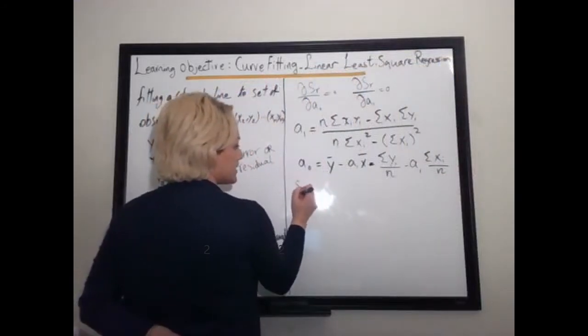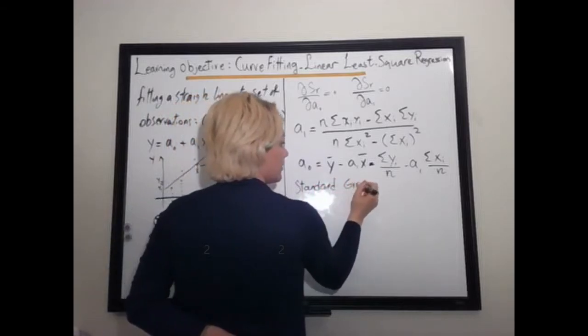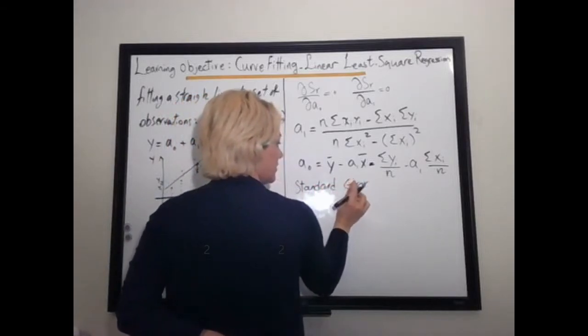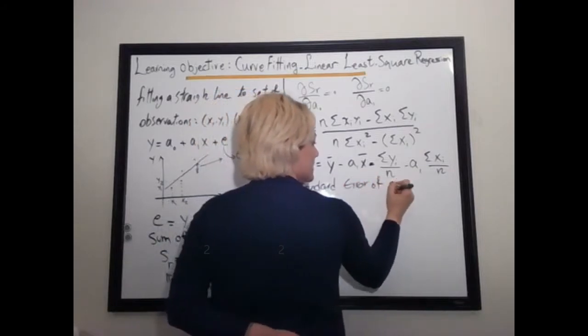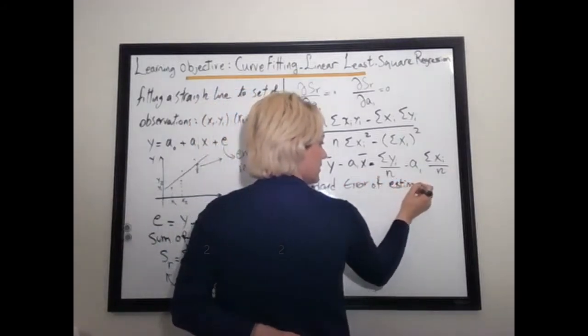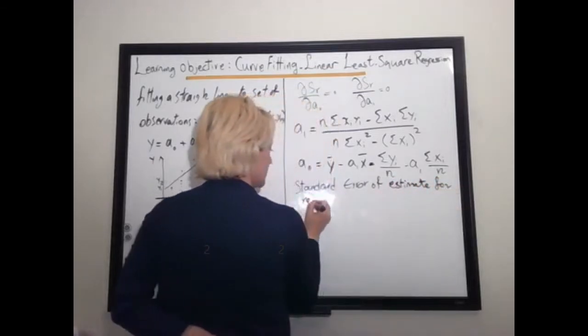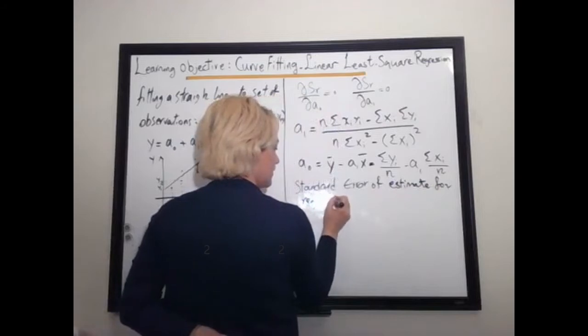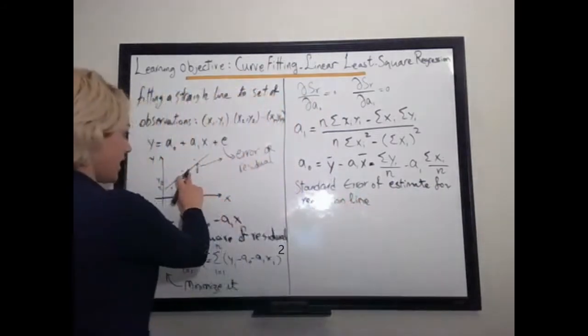So I'm going to write down standard error of estimate for regression line, which is this line, right?